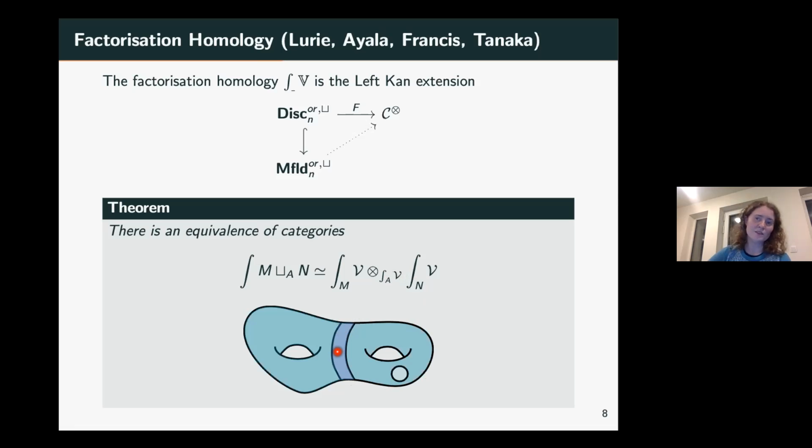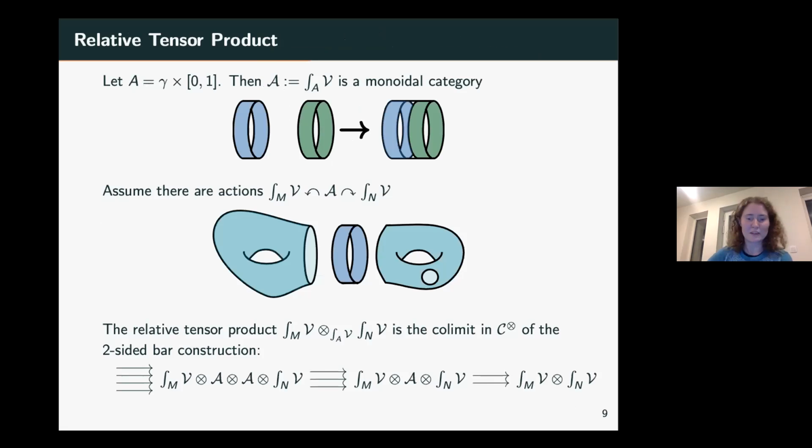And I need to define what I mean by the relative tensor product in this case, because I think most of you probably wouldn't know. Okay, so what I mean by the relative tensor product is the categorical definition of a relative tensor product.